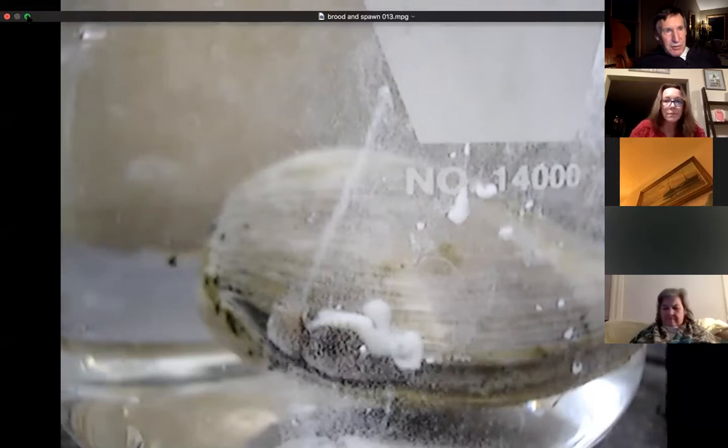So one of them is blowing out, one of them is sucking in. And you can see during a spawn that they stop incurrent. Otherwise, it would be casting out and going back in. So while they're spawning, they seem to shut off their incurrent siphon. And that's kind of cool.